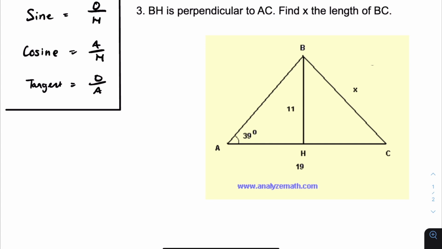Do we need to use sine, cos, or tan? So we know that the angle theta is 39 degrees, and that the opposite to theta happens to be 11. But we want to know what the adjacent to theta is, the side next to theta, which is AH.